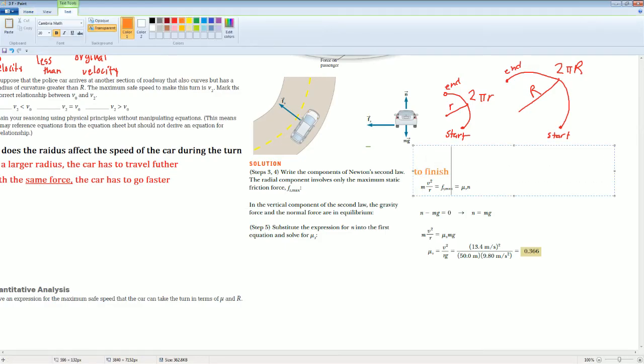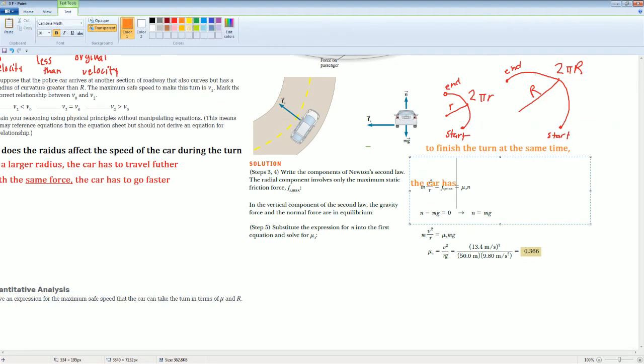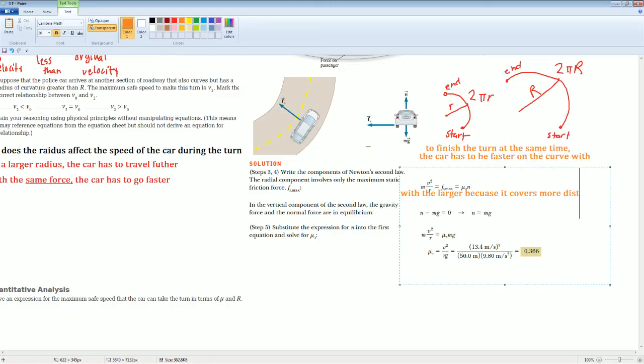To finish the turn at the same time, the car has to be faster on the curve with the larger R because it covers more distance.